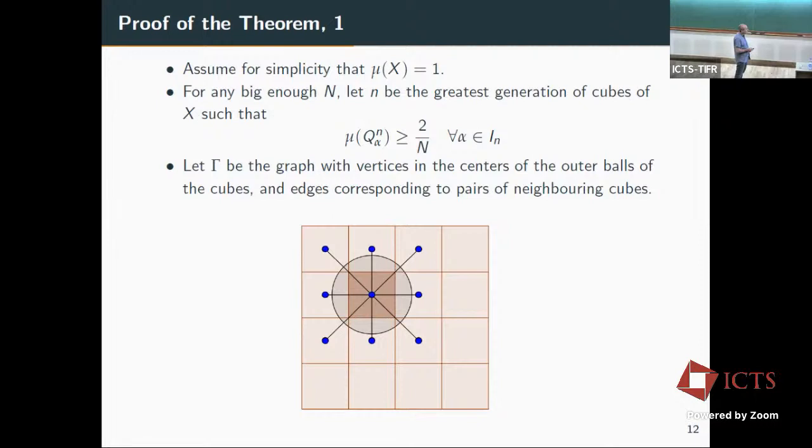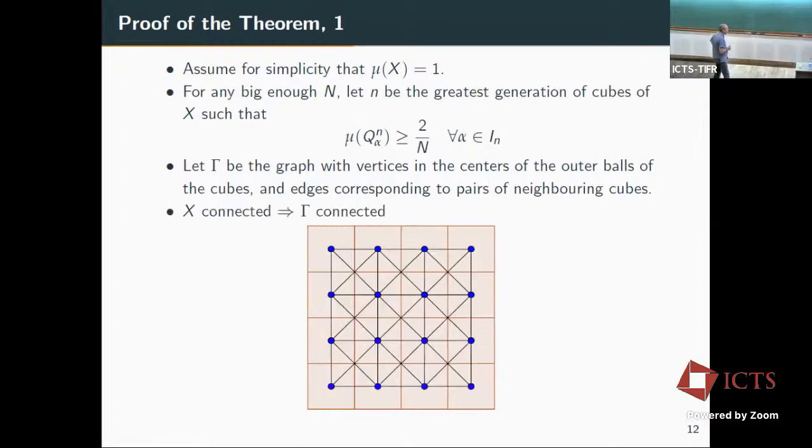And then the edges are between vertices that correspond to neighboring cubes. So this way you have a big graph, and it can be proved that if your space is connected, then the graph will be connected too. So for example, assume that the neighboring cubes are just those which are adjacent to your cube, and the graph would be this one, okay?